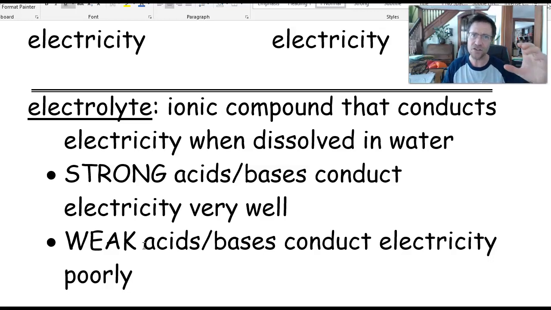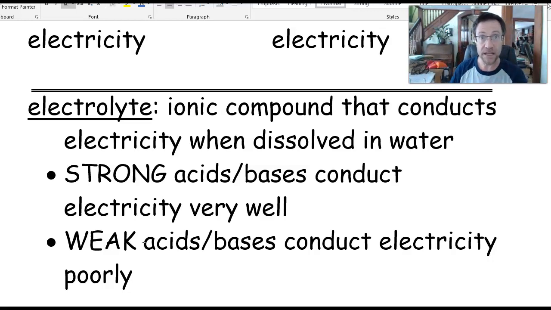You can have a highly concentrated weak acid and it'll still be a poor conductor of electricity, relatively speaking, to its strong counterparts at the same concentration. So strong acids and bases will conduct electricity very well at comparable concentrations as compared to weak. Again, this is all relative.